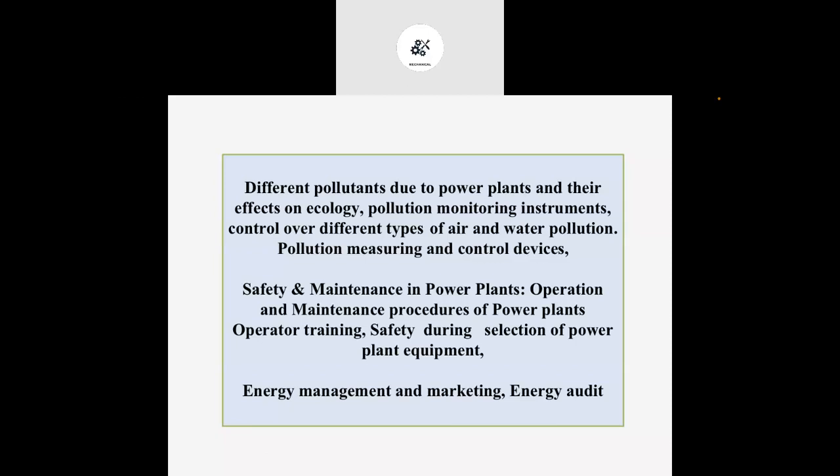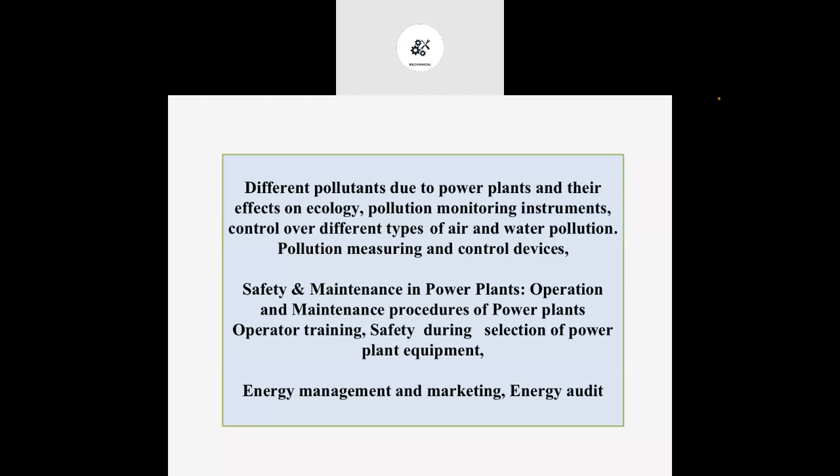To reduce that waste, we are required to follow some procedures, and that will be covered in energy management. There are also many energy conservation techniques which you can apply to save energy. Saving energy is equivalent to reducing the consumption of energy. So we have to concentrate on this in this particular chapter.